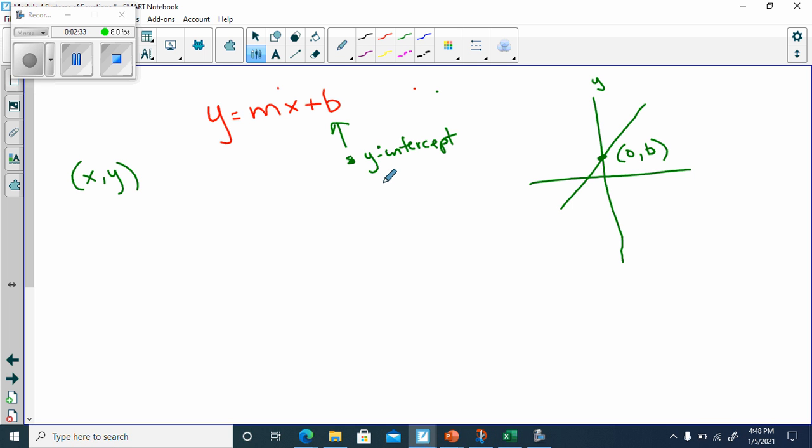It's also what we call the place that we start, the place we begin if we're plotting something. If we're trying to plot something, you could start at that b, and then you can use your m to tell you where you're going to move, okay? Your m is your slope. Another way to call that is your rate of change.